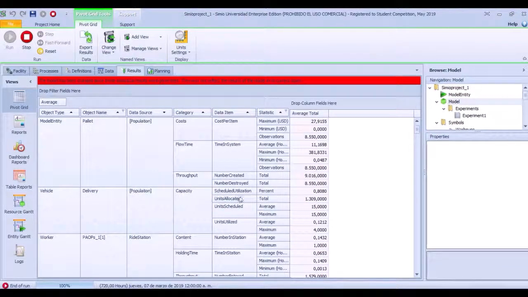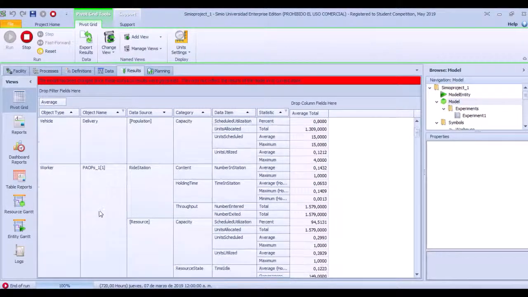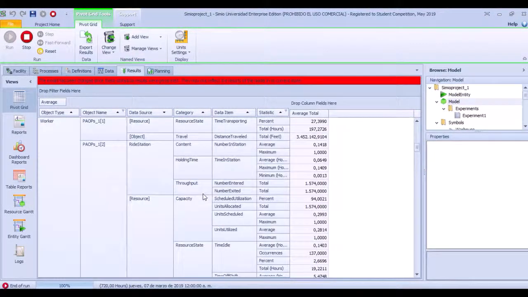With the vehicle, we can tell that the utilization was 80.8%, and the put-away operator shift 1 sub 1 was utilized at 95.5%, and put-away operator shift 1 sub 2 was utilized at 94.0%, followed by shift 1 sub 3 put-away operator utilized at 94.5%, and put-away operator shift 1 sub 4 was utilized at 92.6%.